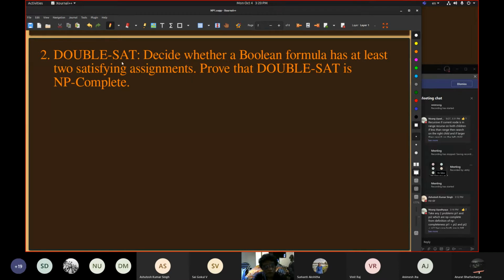So it is not only satisfiable, it is satisfiable by at least two assignments of the variables. Okay. So you prove that this problem is NP complete.